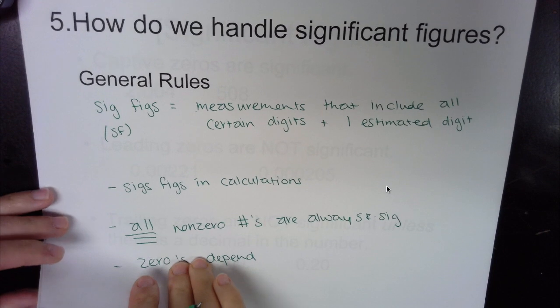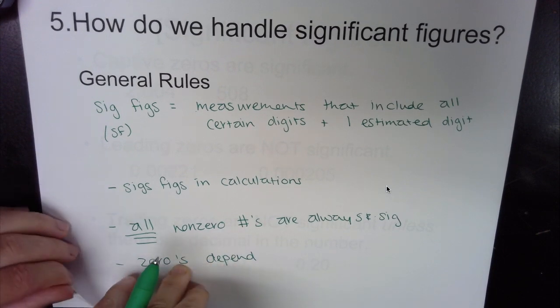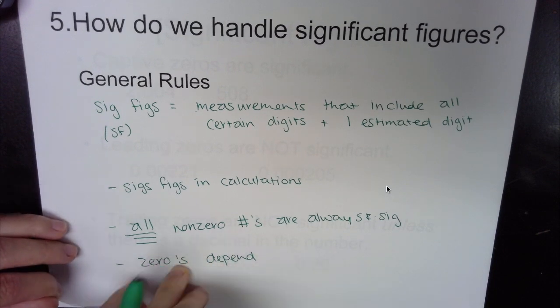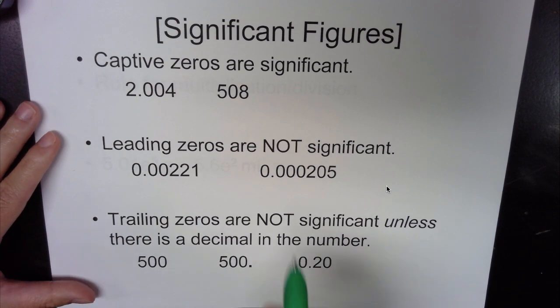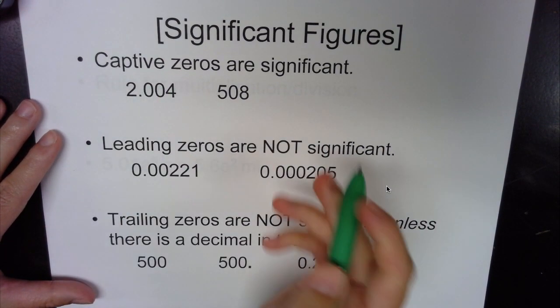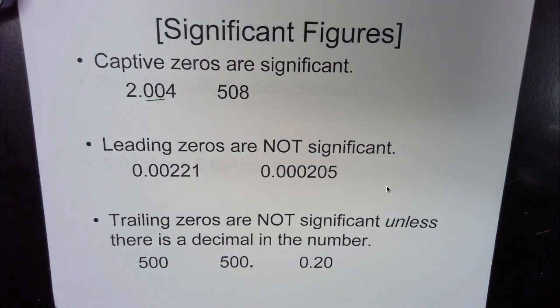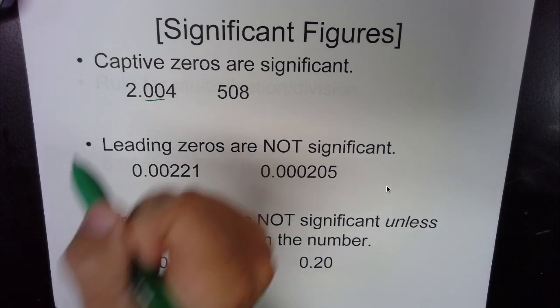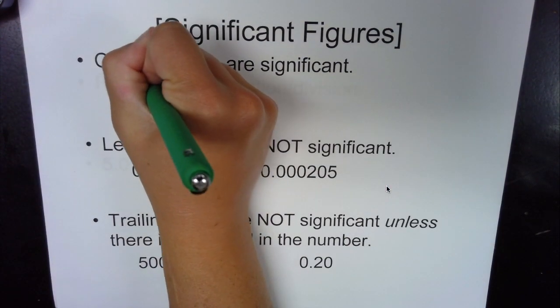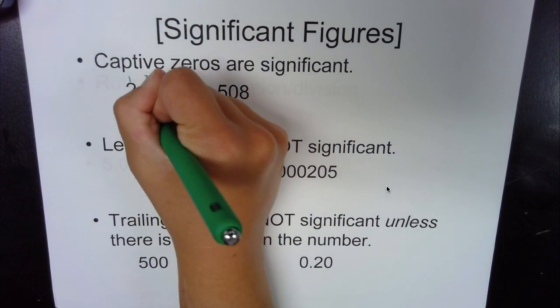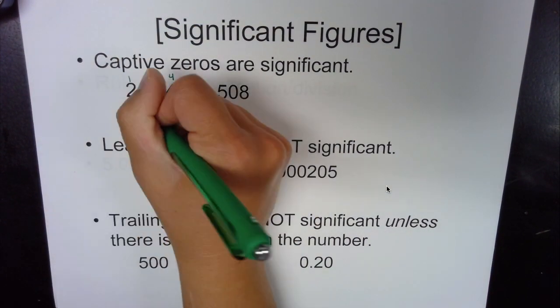So how do we know if a zero is a significant figure or not? Here we go. Okay. Captive zeros, so zeros that are in between two non-zero numbers, are always significant. So if I were to ask you how many sig figs are in this number, we have 1, 2, 3, 4 total significant figures.